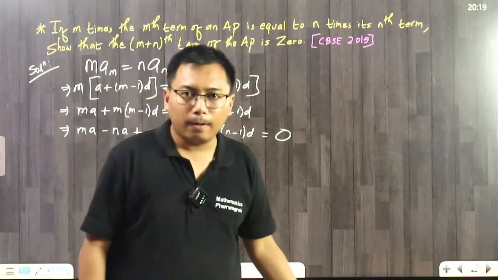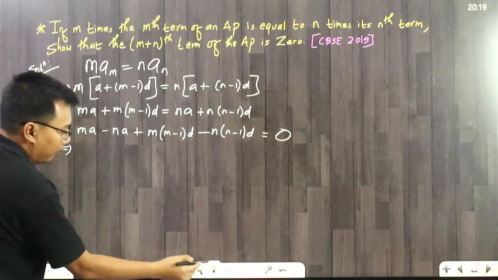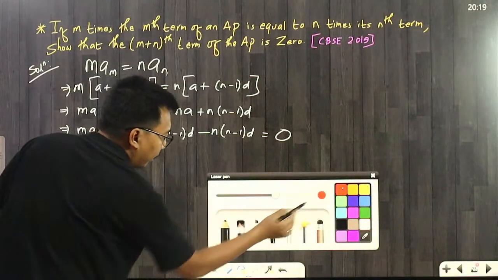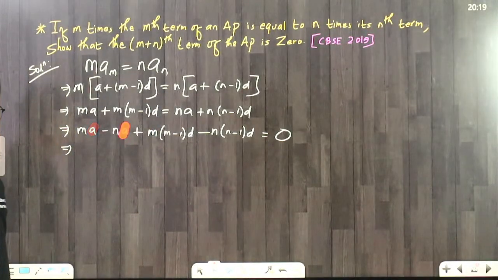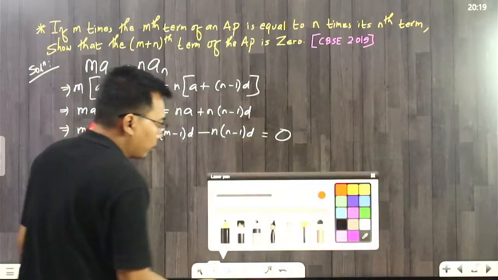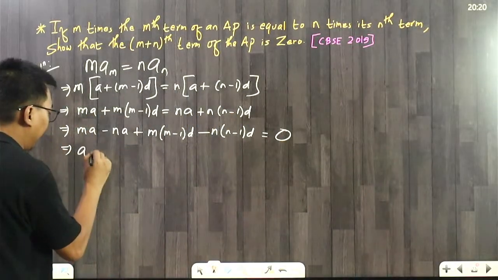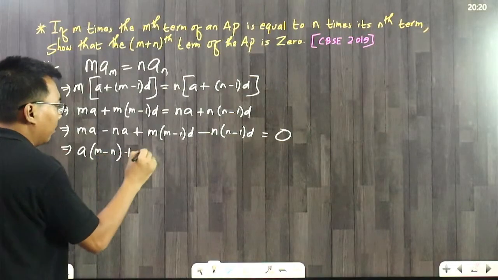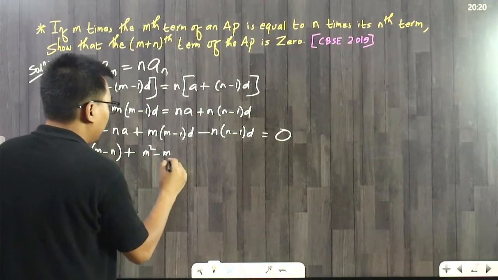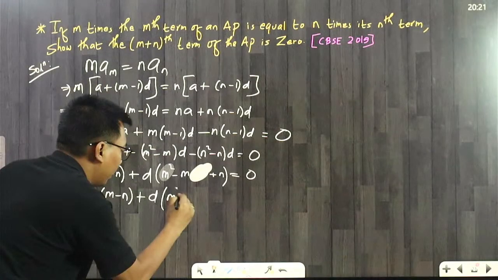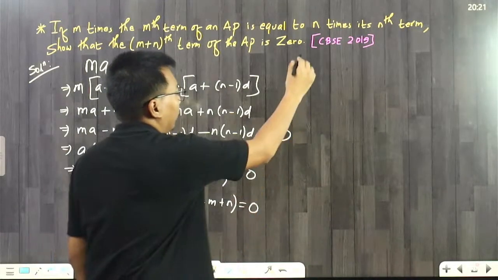Now, as you can see, we can take a common, because in both terms we have a. So we'll take a(m minus n). Let's multiply this: m squared minus m minus n squared plus n, which gives minus (m plus n) equal to 0.